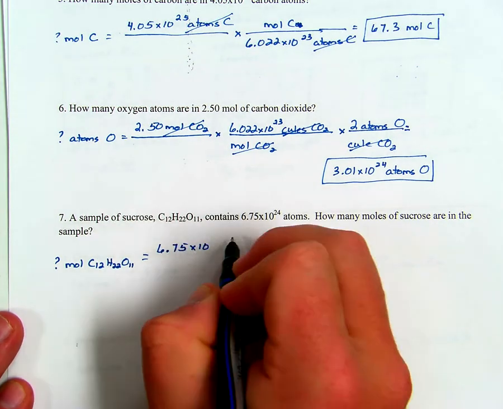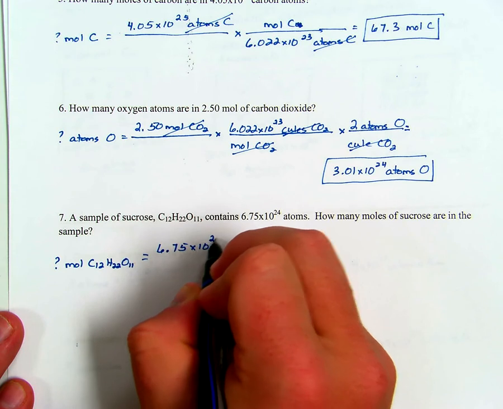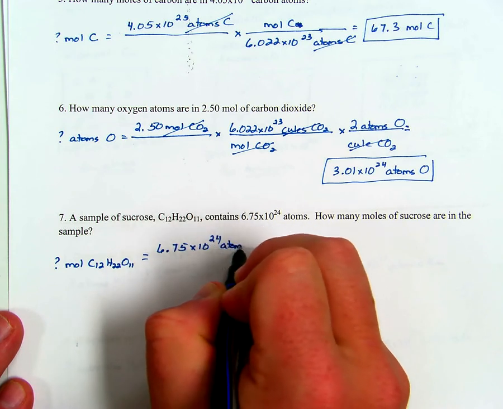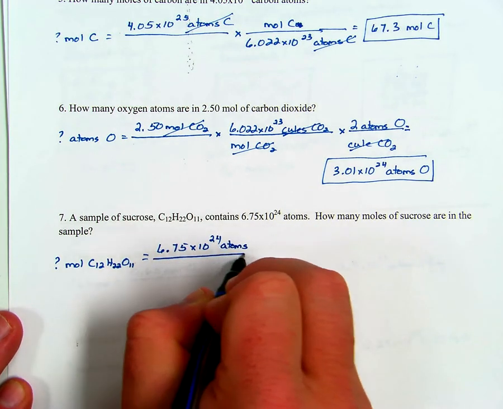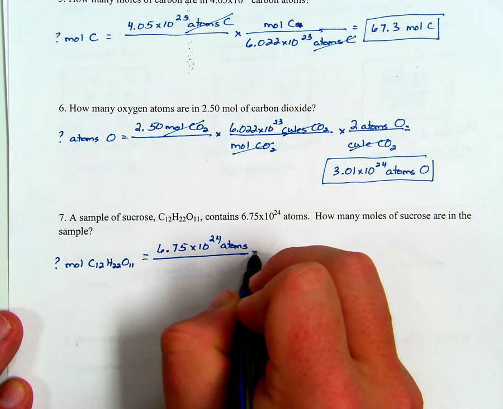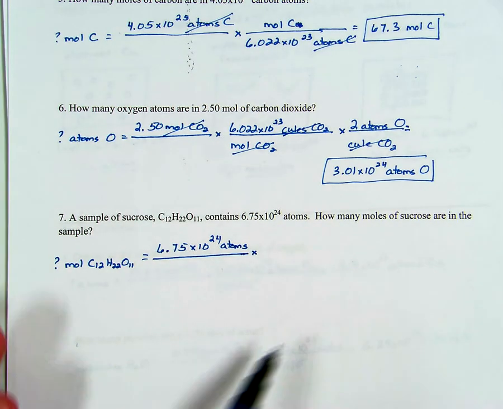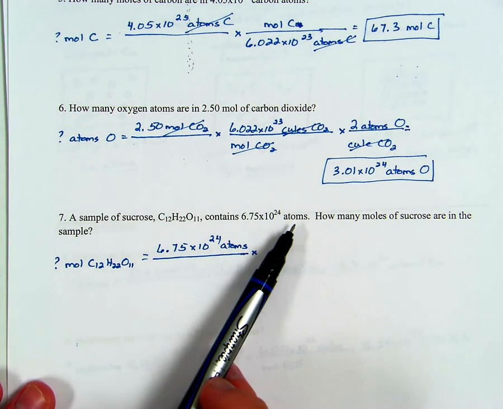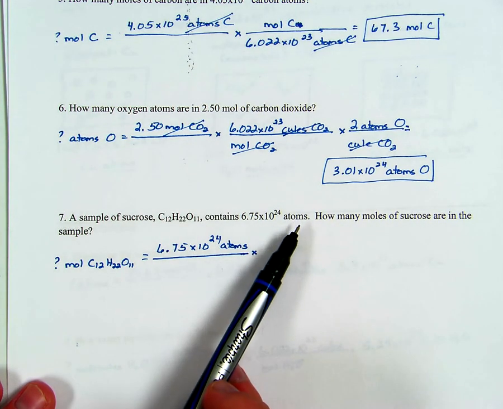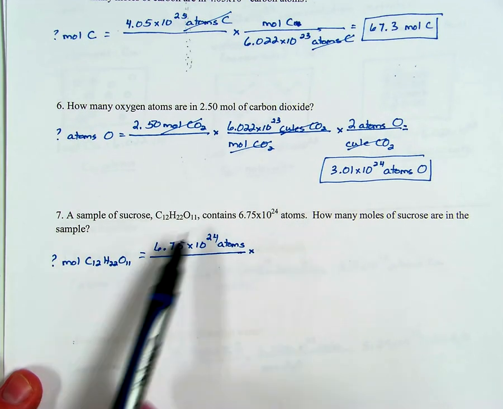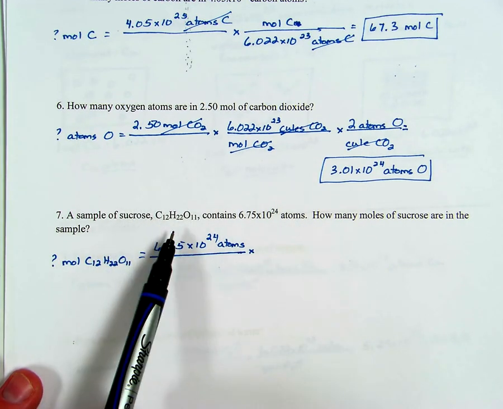Now it doesn't say atoms of what element, it just says atoms, so that's total then. Now notice it's important that we recognize this as atoms and not molecules. If I was talking about the smallest particle of sucrose, or the representative particle, the term would be molecules. But if it says atoms, we're talking about the individual atoms that make up the molecule.